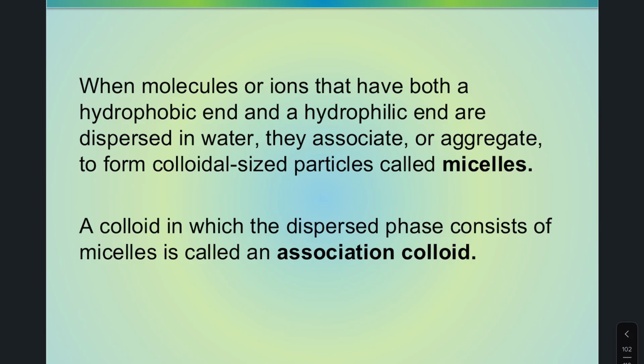And we can also look at biology in this. Micelle is a biology word, but it also refers to what can happen in a colloid. The cells within a colloid that scatter the light are called micelles.